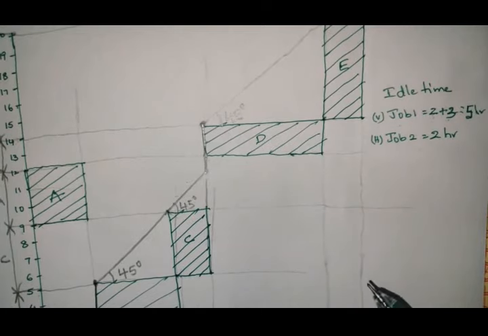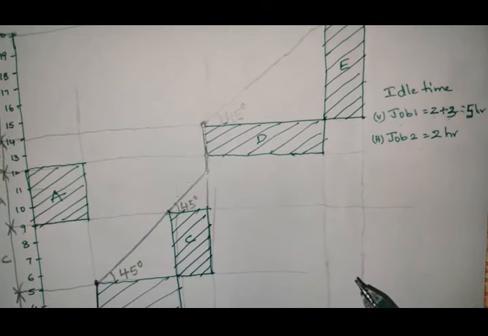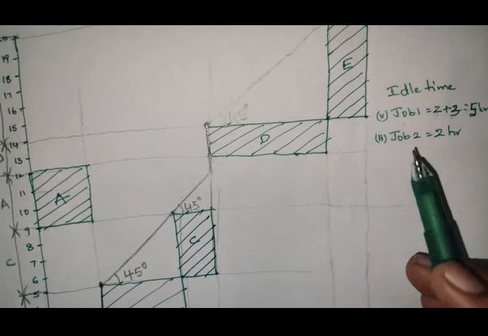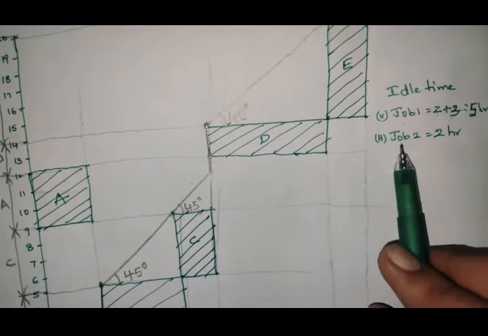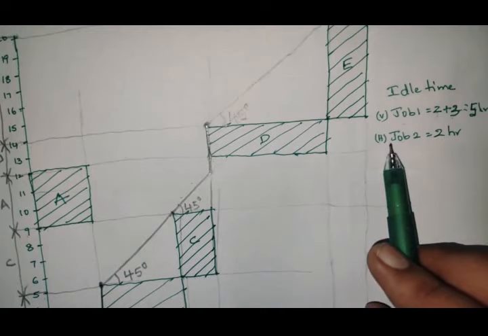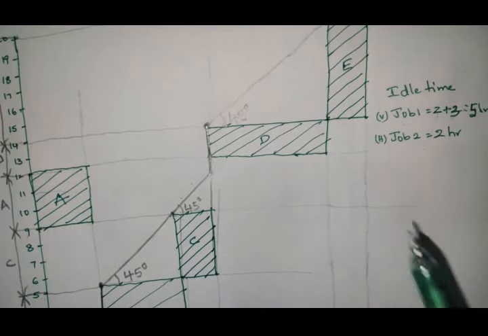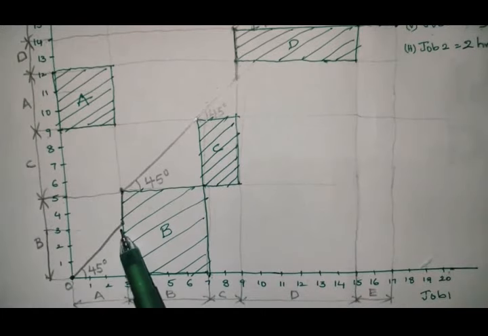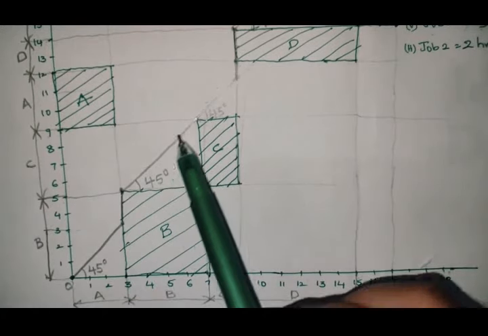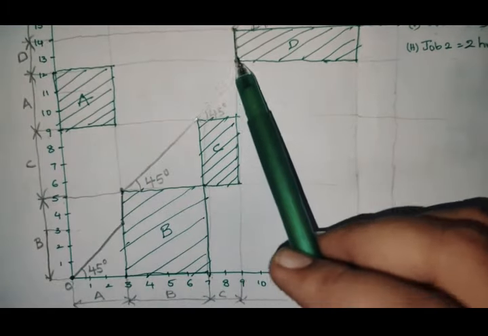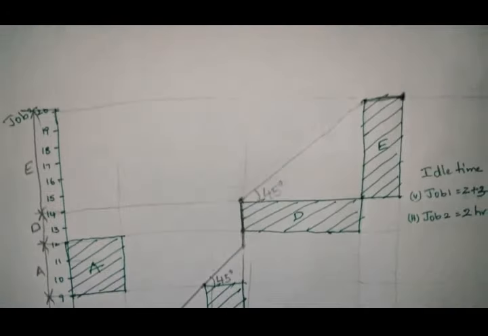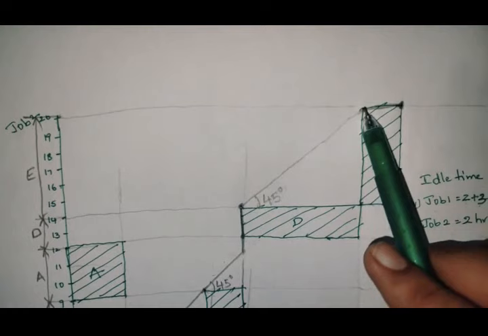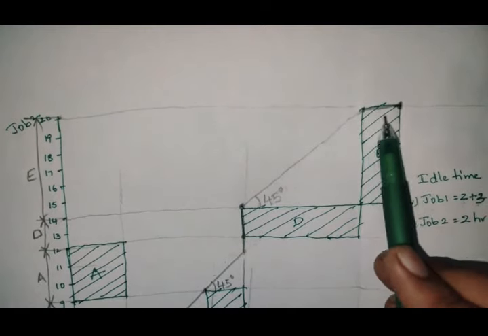Similarly, let us calculate the idle time of job 2. If you want to find the idle time for job 2, then we need to identify the horizontal lines. We go through the inclined line, vertical line, inclined line, inclined line, vertical line, inclined line, and here it is the horizontal line.